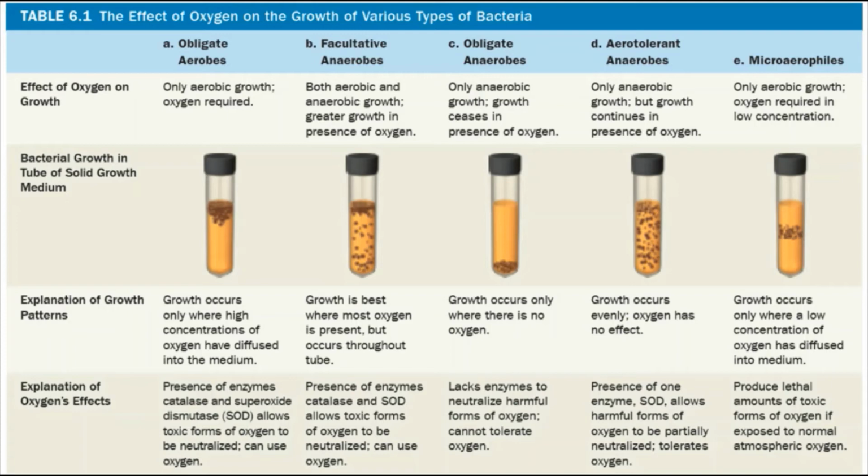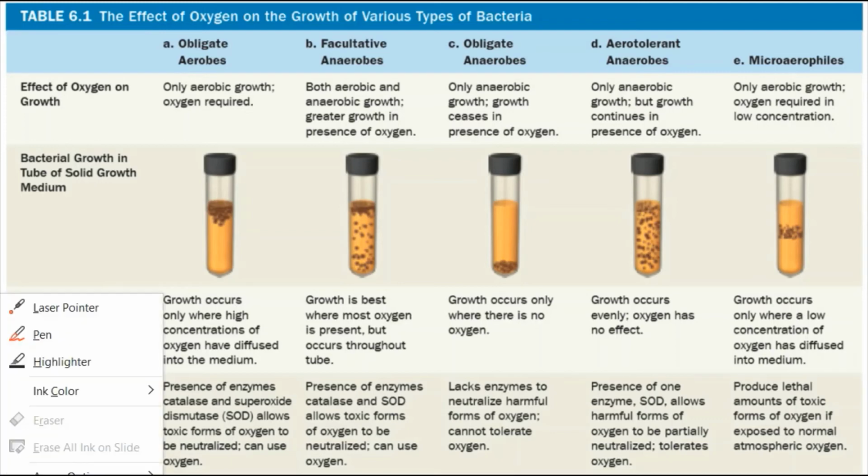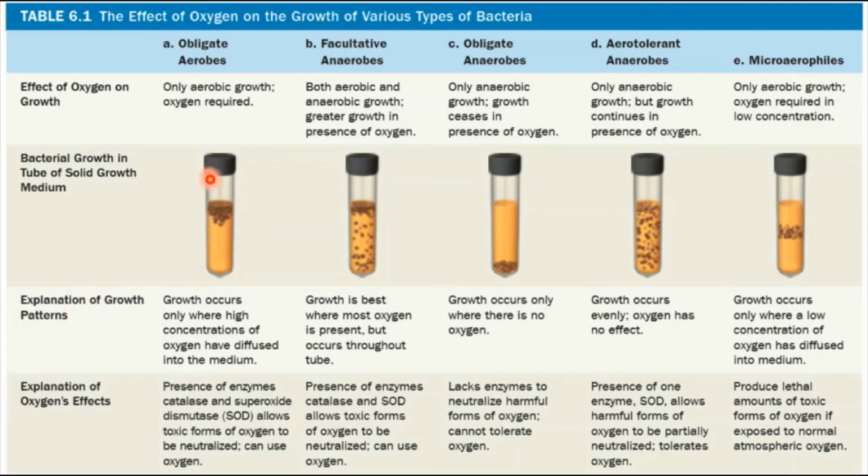When you look at the results, what you're going to be examining is where the microbes are growing in the tube. Each of the different classes of microbes has a different oxygen requirement and therefore will grow in a different pattern in the tube. Obligate aerobes, as we know, require the presence of oxygen, and therefore they can only grow towards the top of the tube where there is the interface between the solid media and the air.